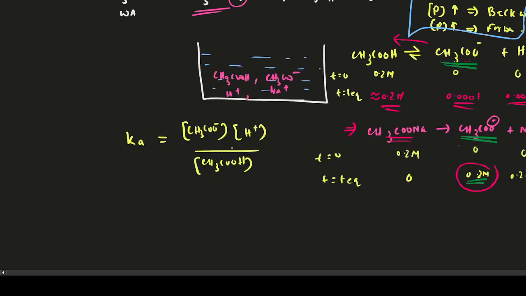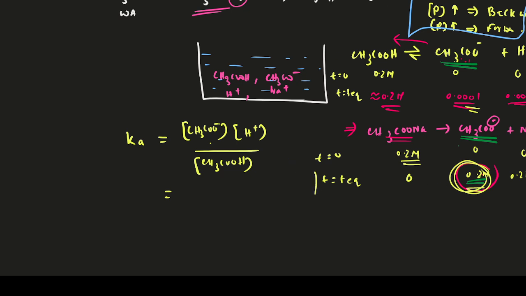Whenever I say K equals CH3COO minus times H plus divided by CH3COOH, this value of CH3COO minus is very huge and this value is very small. So this value is generally put from the strong electrolyte, because it will completely dissociate at equilibrium, so only this value is present in the solution.